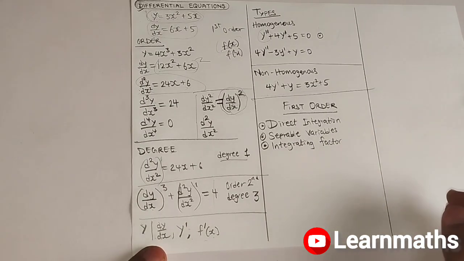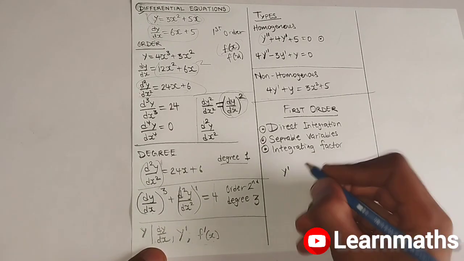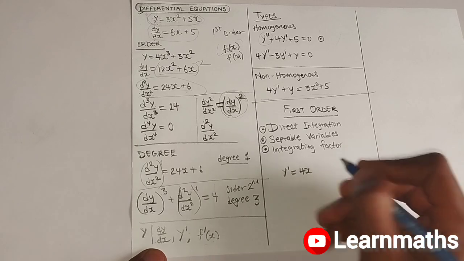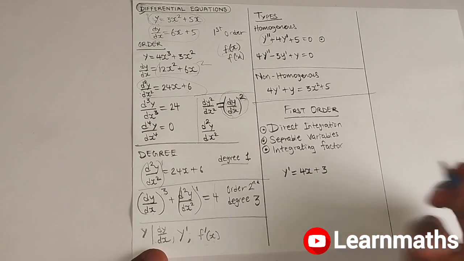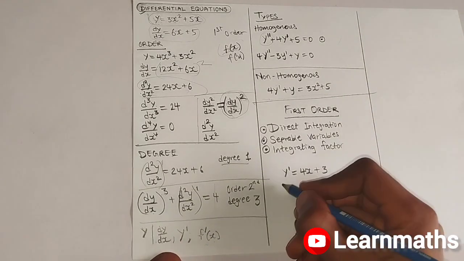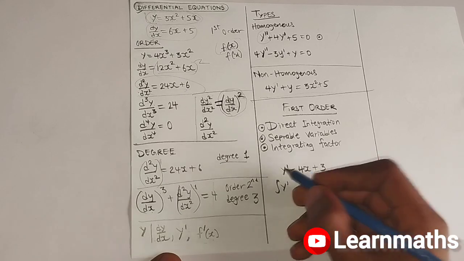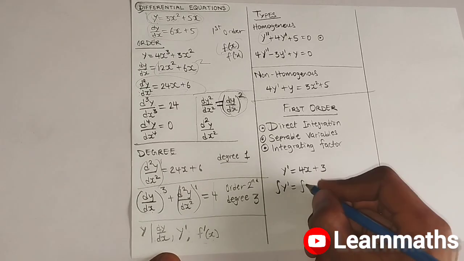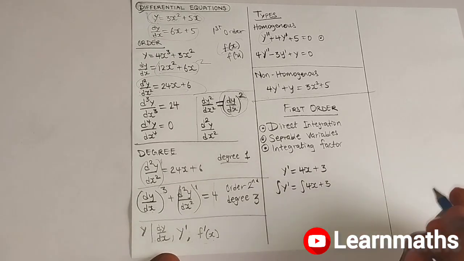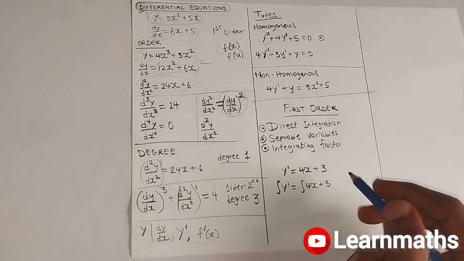Now if you have a differential equation like this, dy is equal to 4x plus 3. Basically what you're just going to do to solve this is integrate this directly. Just go straight to the integration part of the problem. I'm going to integrate the left hand side, also integrate the right hand side, right?